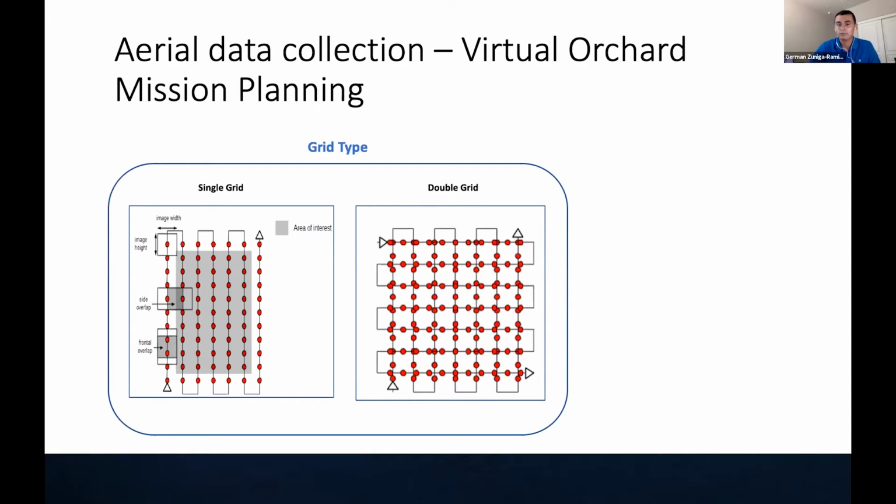We think that double grid would work for agricultural fields. However, single grid yields better results. In the next slide, I'll demonstrate some results where I compare single grid versus double grid.